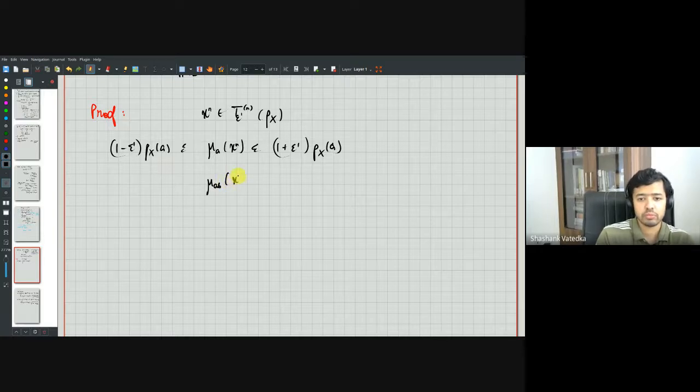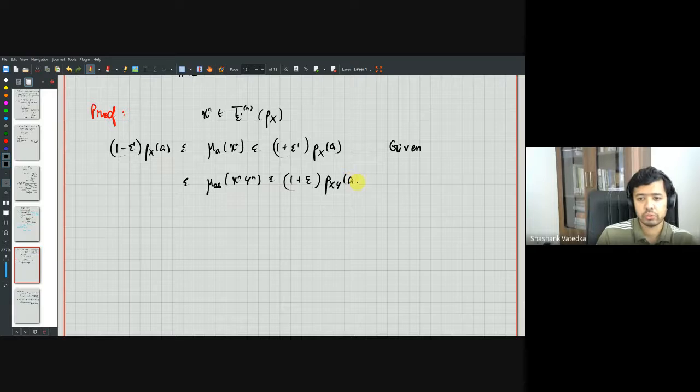mu ab of xn yn, the joint empirical frequency or the joint type of xn and yn, is going to lie between 1 minus epsilon and 1 plus epsilon times pxy of a comma b. So this is given.